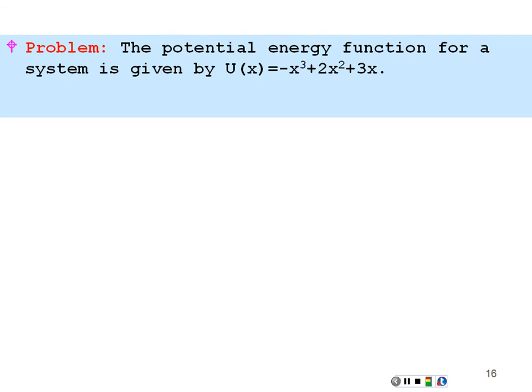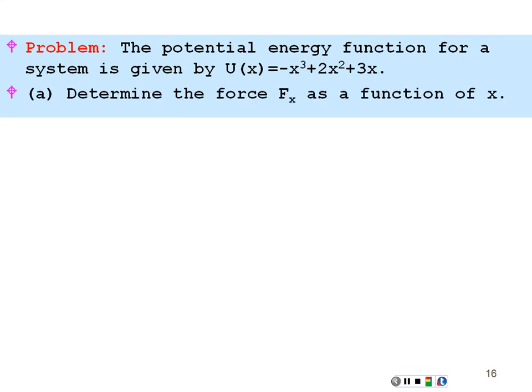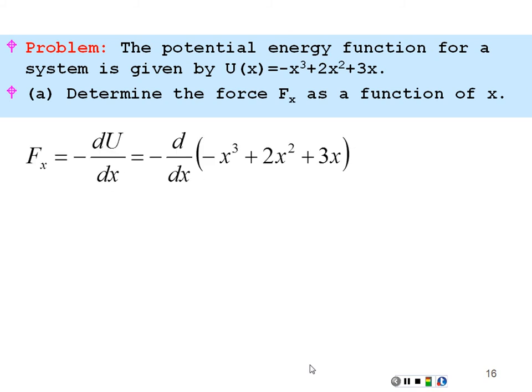Let's try a problem. The potential energy function for a system is given by U of x is equal to negative x cubed plus 2x squared plus 3x. Determine the force F of x as a function of x. Well, that's our potential energy function. We'll take the negative derivative of it as a function of x. Not too hard.